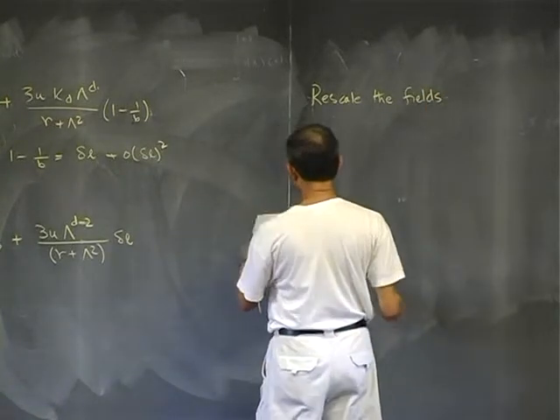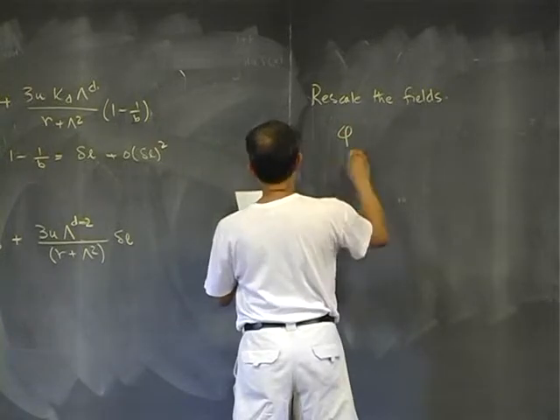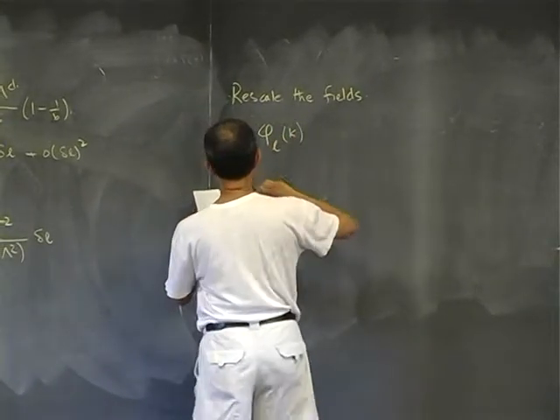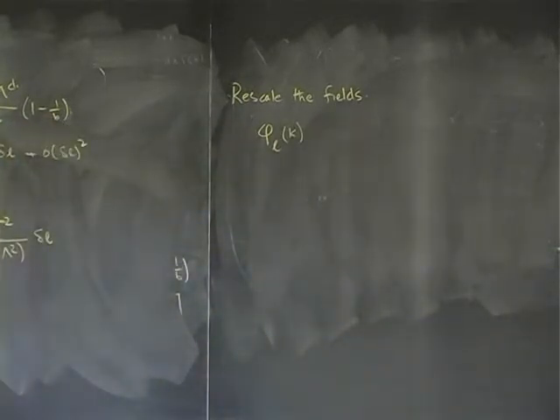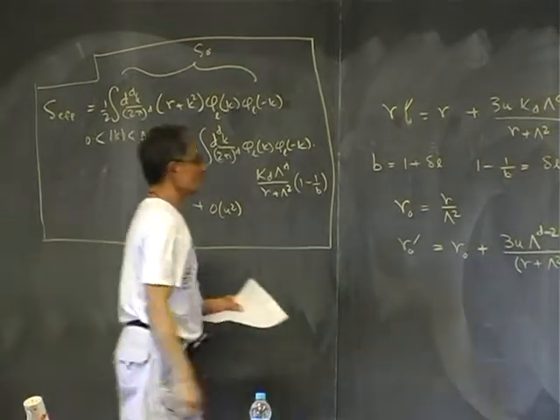And if you remember how we rescale the fields, I define phi L of k. I should tell you this integral lies between lambda upon b and 0.